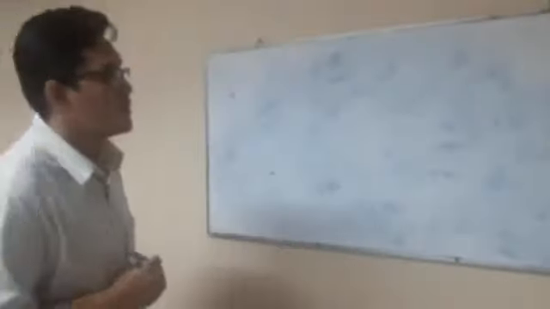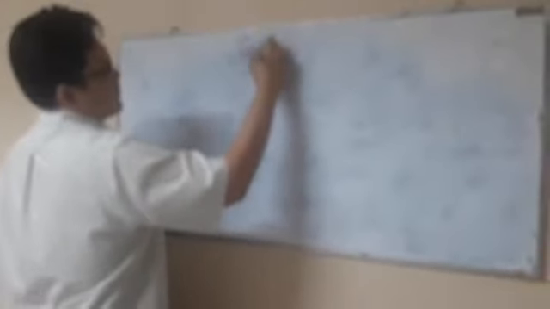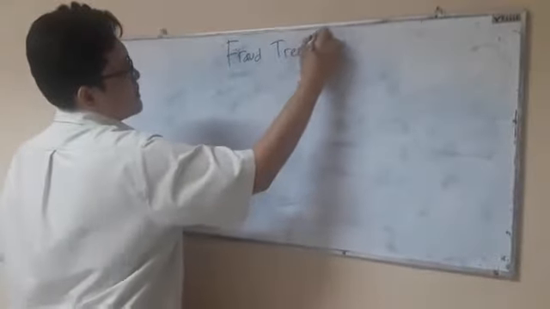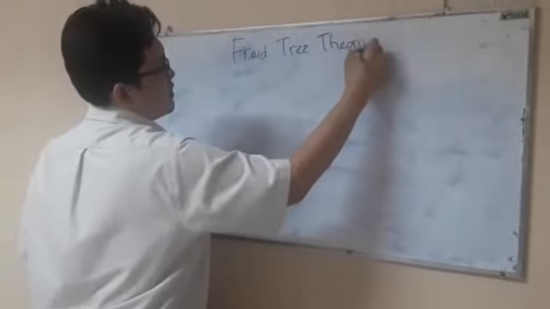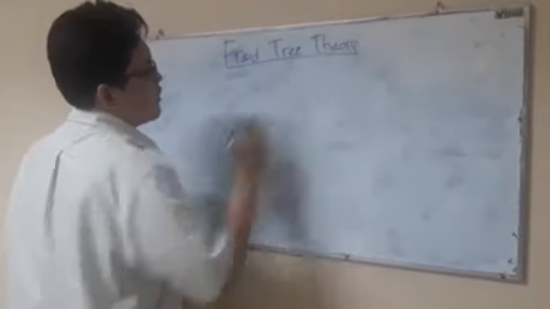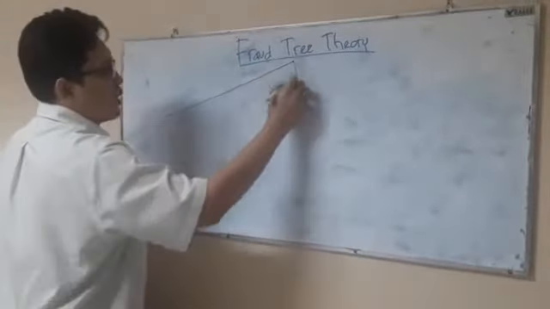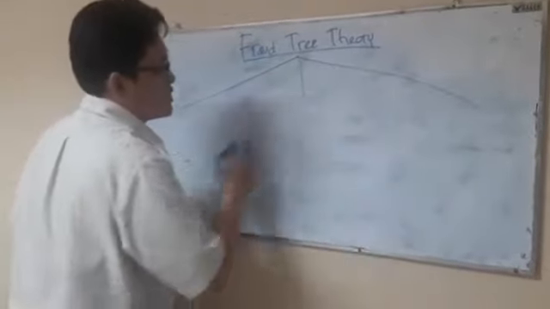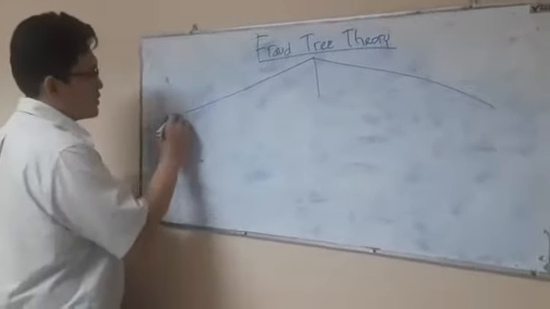I will draw the fraud tree theory. The fraud tree theory divides fraud actions into three parts. Number one is corruption.